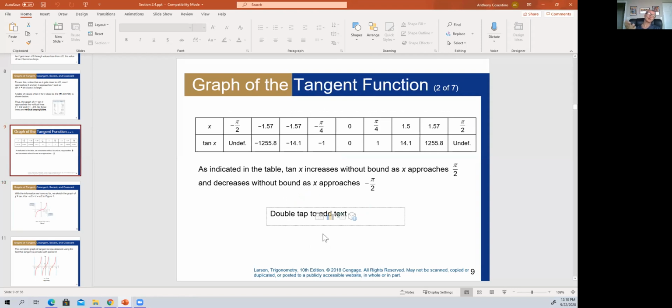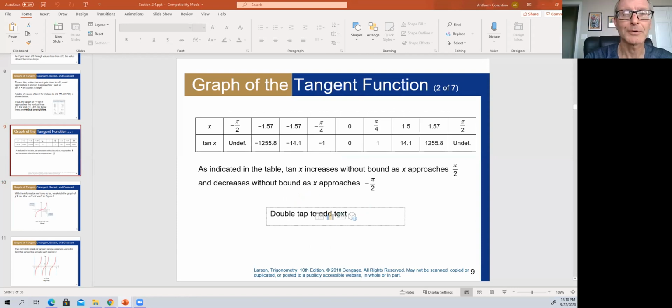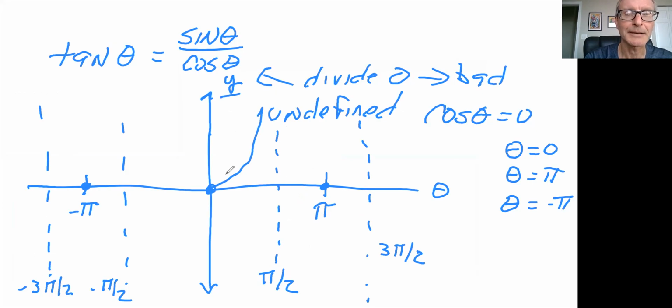And the same thing if you go the other way, they start blowing up in the negative direction towards minus pi over 2, or minus 90 degrees. So when you take a look at the sketches of these graphs, it would look something like that. And again, they repeat themselves over and over again.